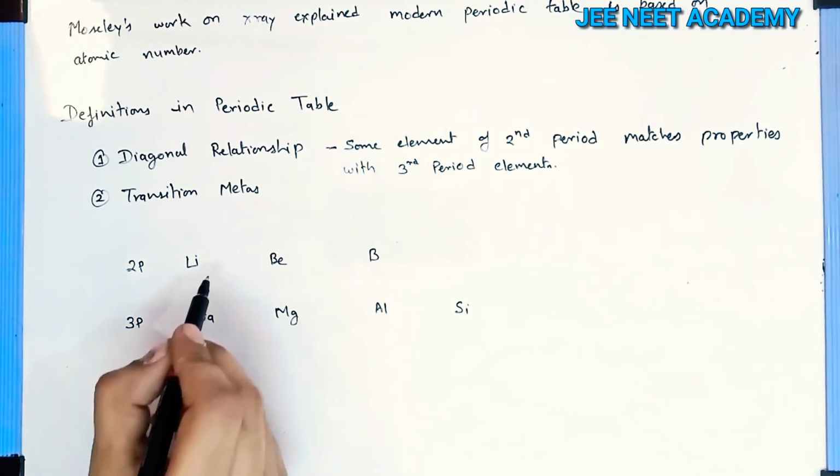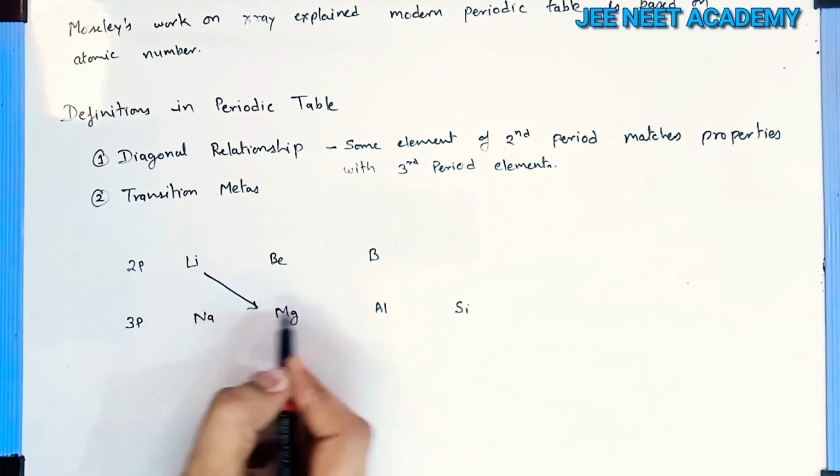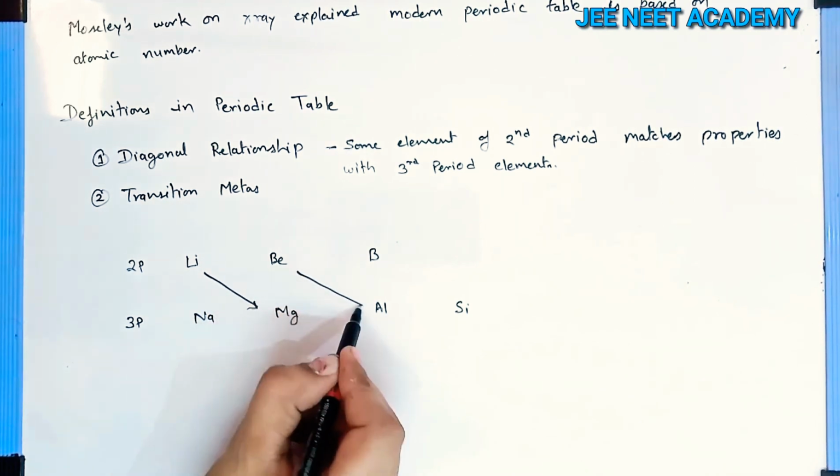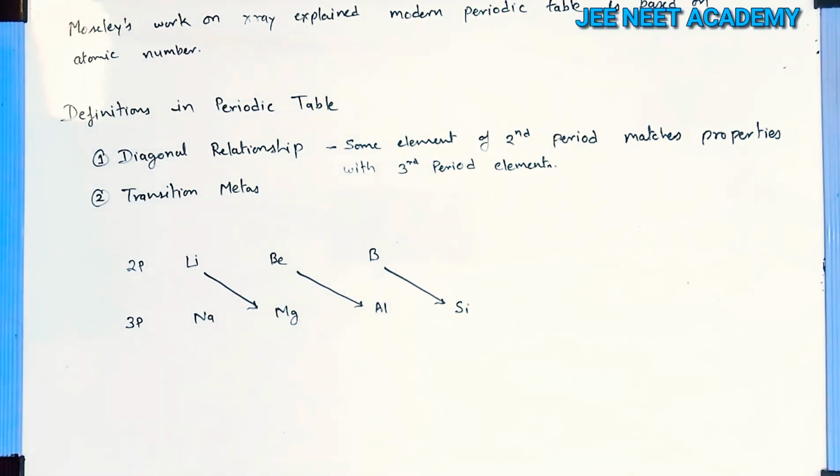So the second period's properties diagonally match with the third period's elements. Lithium has some properties the same as magnesium. Beryllium has some properties the same as aluminium. So this is called the diagonal relationship.